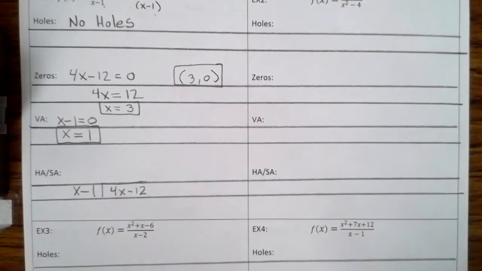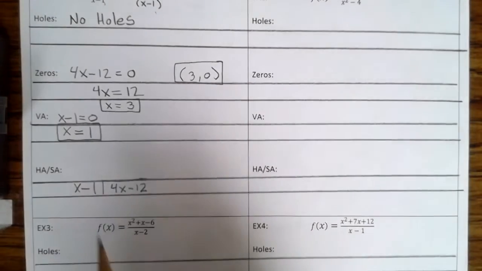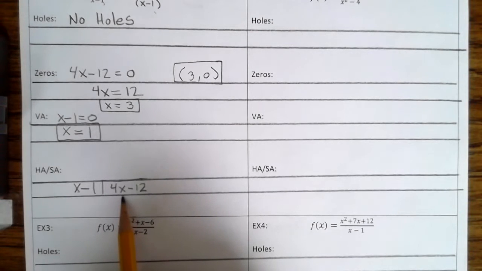All right. So now you ask yourself, well, what do you multiply x by to give you 4x? Well, the answer to that is 4.